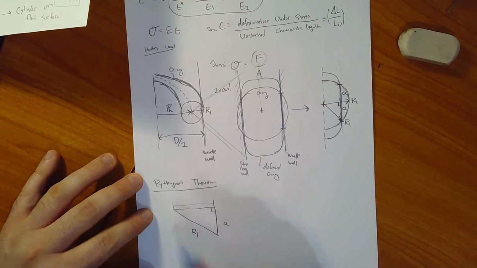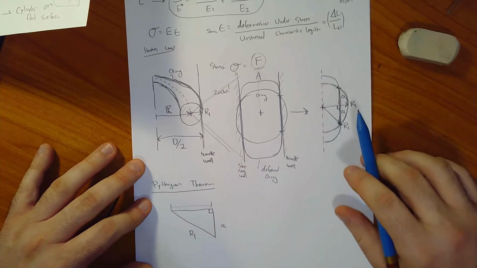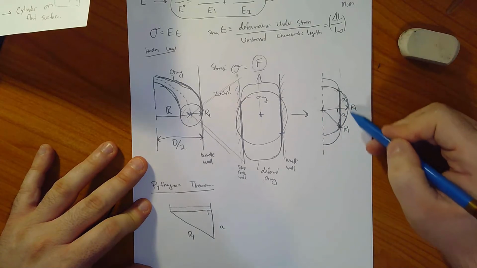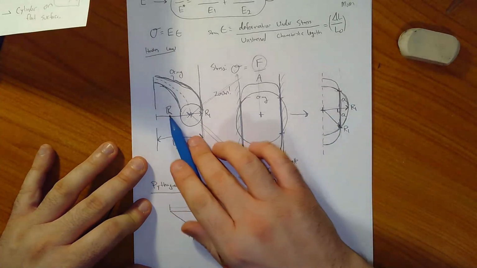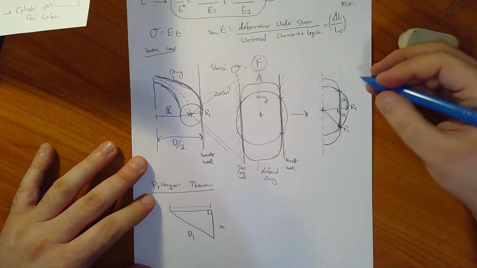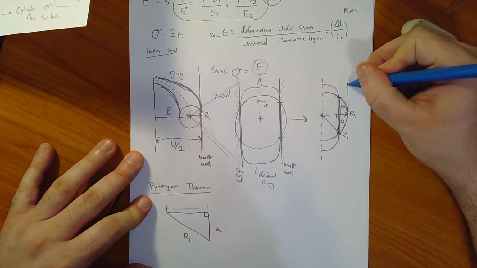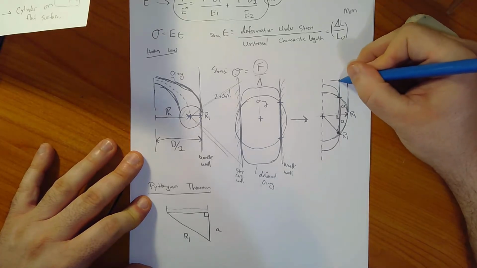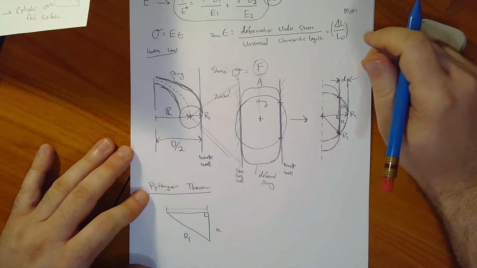Well, if I look back over here, the distance all the way out to this edge is R plus R1. So I'm going to describe this little section of it as D, we'll just call that lowercase d.